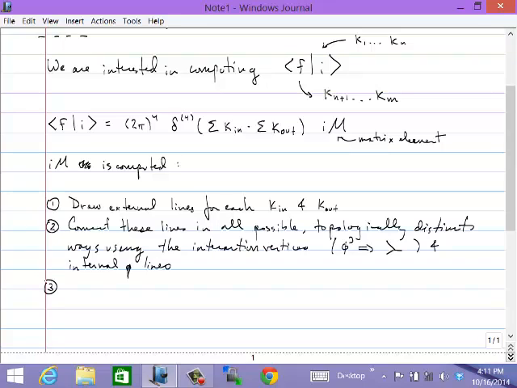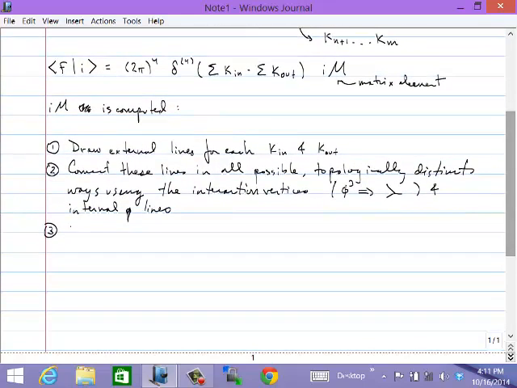And then, to keep track of the momenta, we'll just draw arrows on each line to keep track of which direction the momentum is flowing in this Feynman diagram.